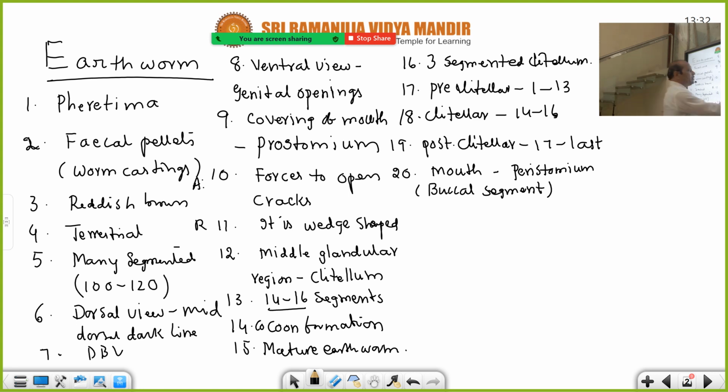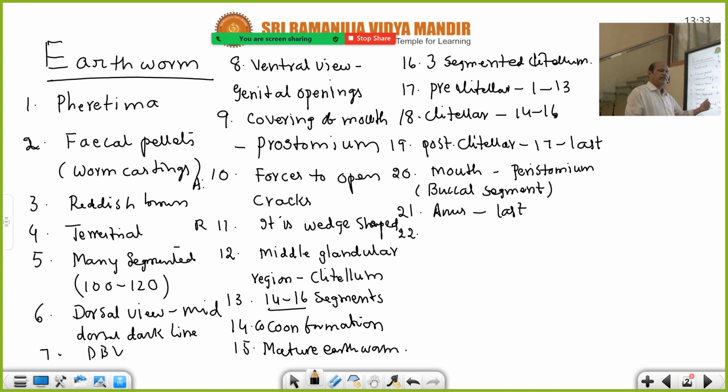And one more important point here: the anus, in the last segment of course. The anal segment is the last one. Whichever is the last segment, maybe 100 to 120 segments are there.